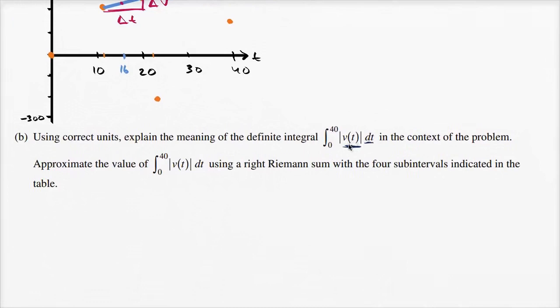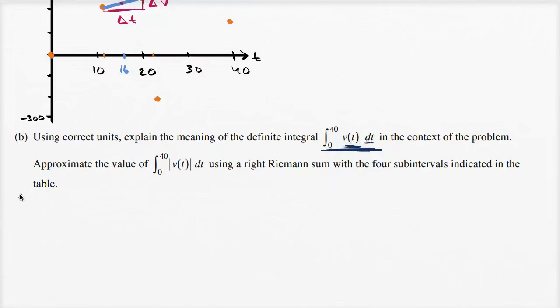Remember the difference between distance and displacement. Displacement you can think of as the net distance. If you go back and forth a bunch of times, it adds up to the distance, but they net out with respect to each other in displacement. So this right over here is going to give us the total distance, not displacement, that she travels over those 40 minutes. If there was no absolute value sign here, then we'd be talking about displacement.